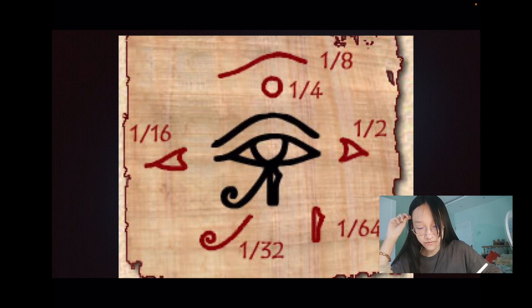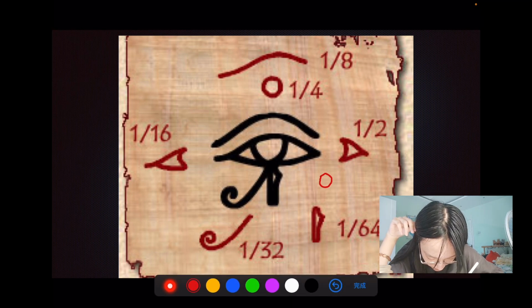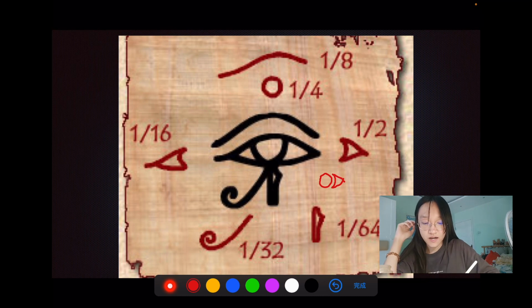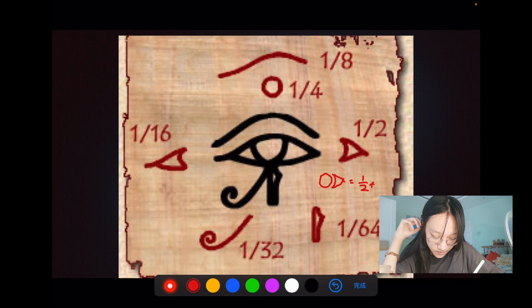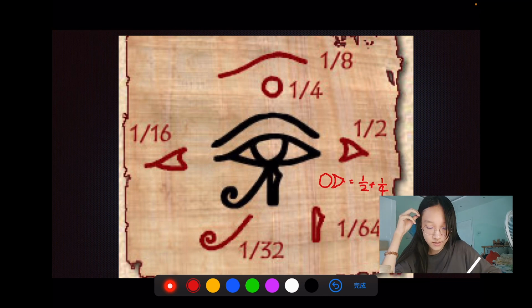Like if they want to express a sum of a half and a 1/4, they will just write a circle and the right part of the eye. So this means a half plus a quarter. If they want to add more things, they can just draw the other parts separately.